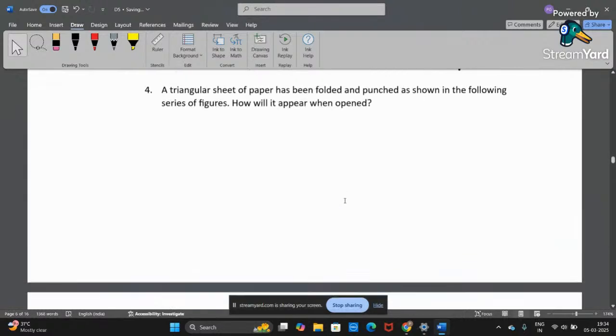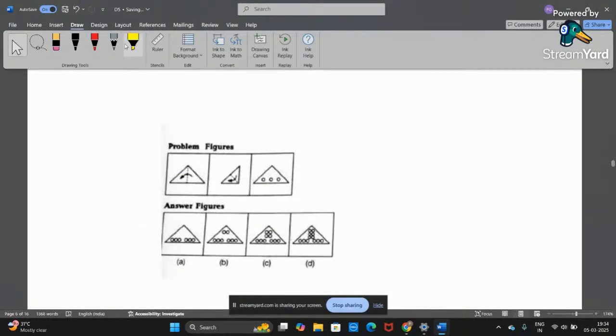Now let's move on to the next one. Same way here also, they're taking a triangle piece of paper, and then they're folding. Here also they have made one fold, then it is two folds here. Again it is folded, so it will be 4 folds. So if they are making 3 holes, then 3 into how many folds are there? 4, right?